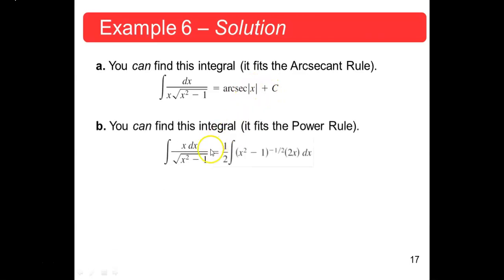You get to B. If you notice that you can bring the 1/2 out, you can rewrite everything. So what you can do is multiply this by 2, but then also bring out a 1/2, so the value doesn't change. And notice that you can rewrite this bottom part as x squared minus 1 to the negative 1/2, but then notice that you have a 2x out here.